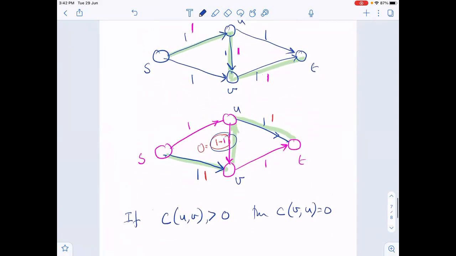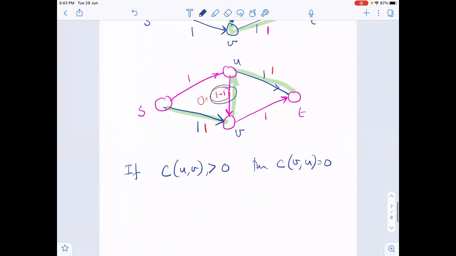Okay. So in that case, what happens? If I have a capacity from U to V, this gets updated to the capacity of U to V minus the flow that goes from U to V. This is if the capacity of UV was bigger than 0, right?